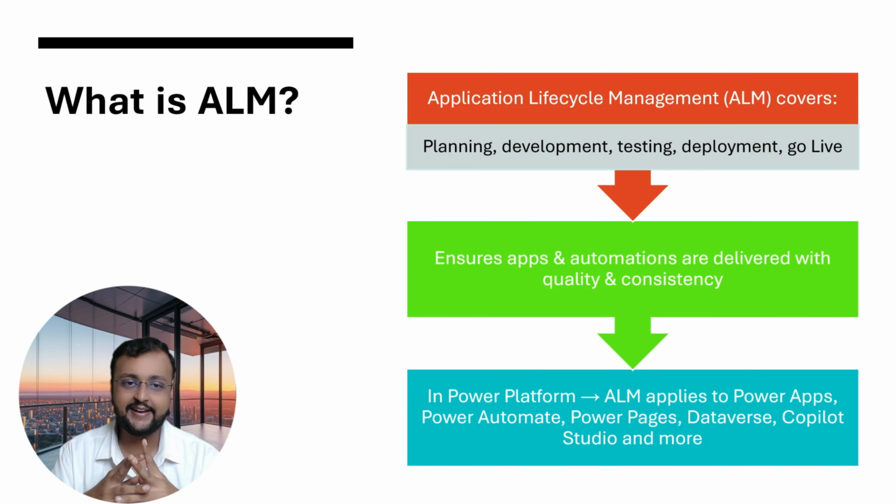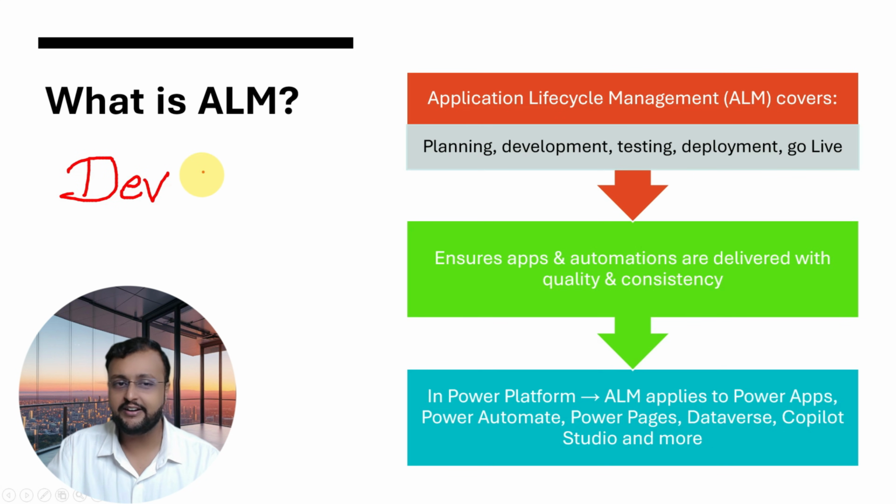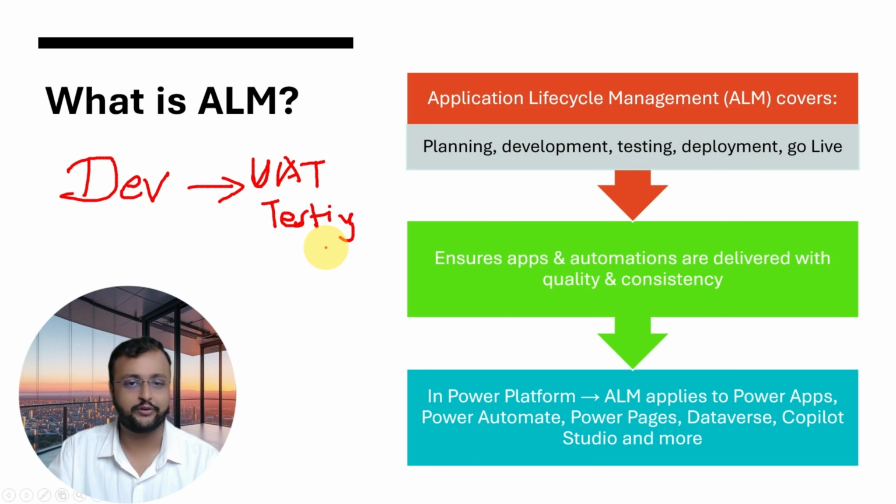And typically in IT, how does ALM work? Generally, devs start working in the development environment. After dev is finished, they do UAT, or sometimes testing. It depends on the organization's structure. Sometimes for smaller projects, they move directly from dev to test.